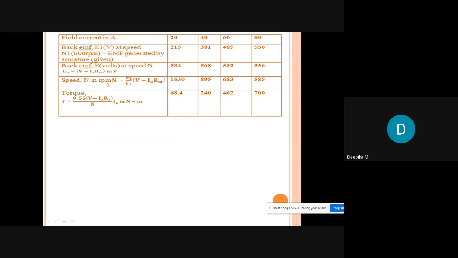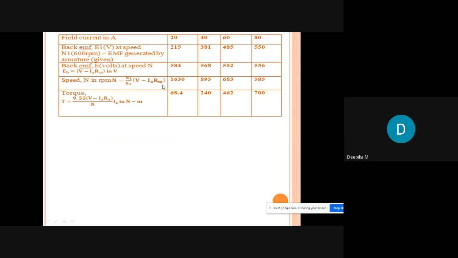Next, let us calculate the speed. So speed is the speed in RPM when it is running as a motor. So what we can write here is this relationship, that is N1 by E1, N1 by E1 is into V minus Ia into Rm.